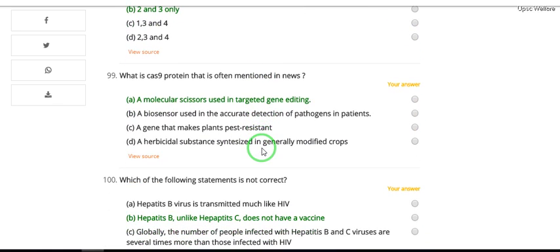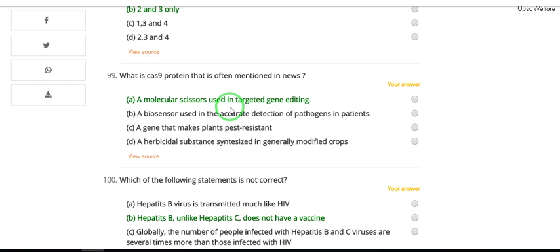Now, Cas9, of course. In the medical area, planning the treatment of cancer will be a good option with the Cas9 protein. What is it? This is a molecule used in targeted gene editing.